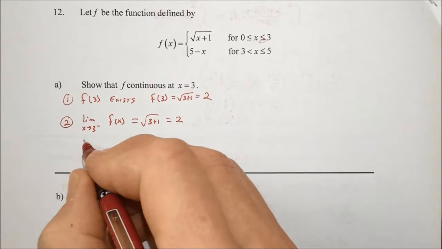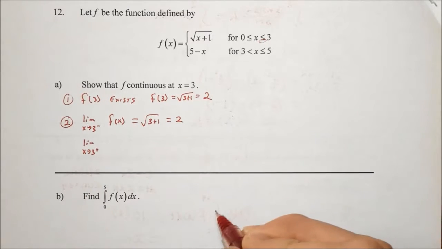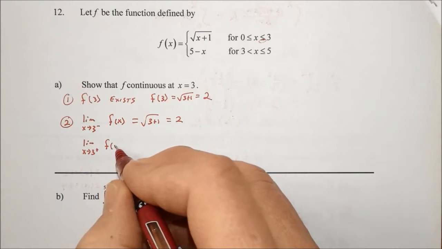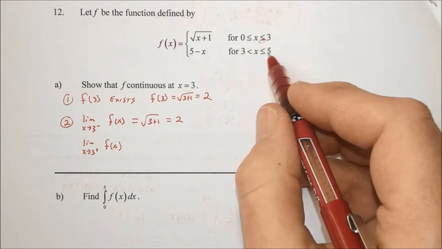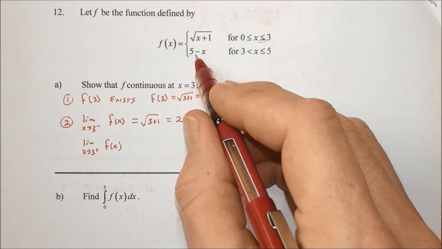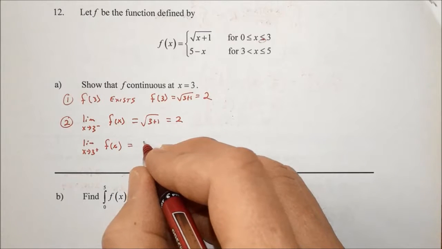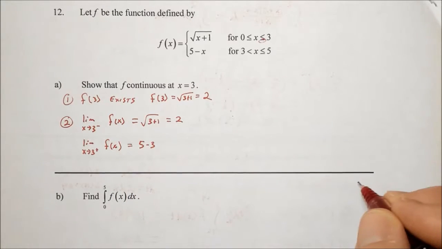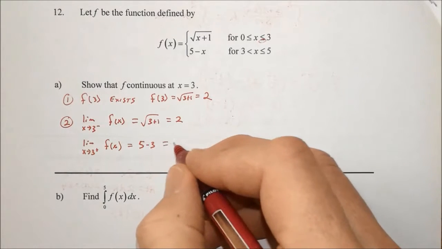Now we have to check out the limit as x approaches 3 from the right. So that's numbers like 3.001. Alright, and those numbers are slightly above 3, which places them in this range right here, which means we have to plug it into the bottom function, 5 minus x. Again, the number is so close to 3 that we can just use 3 as the value, so we replace x with 3, and we get 2.